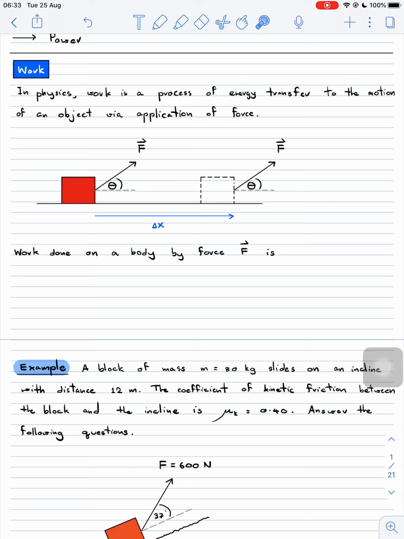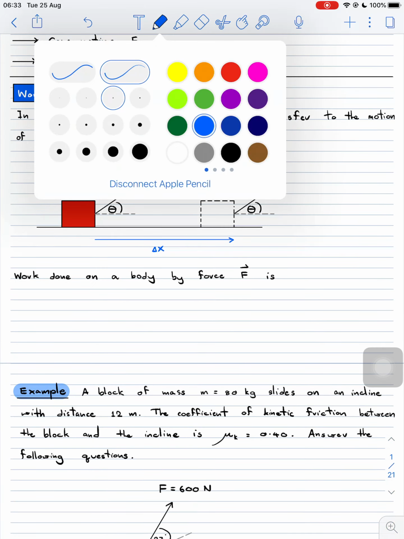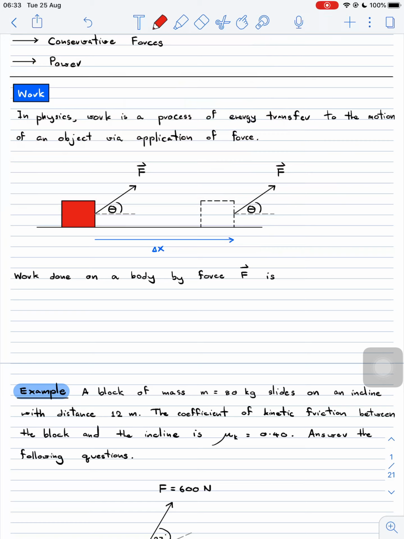So then the question is, which component of the force will make the object move in this horizontal direction? Let's see. If we break this force into two components, the first one is the horizontal one and the second one is the vertical one.